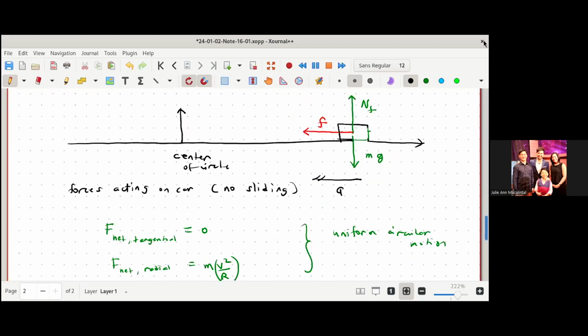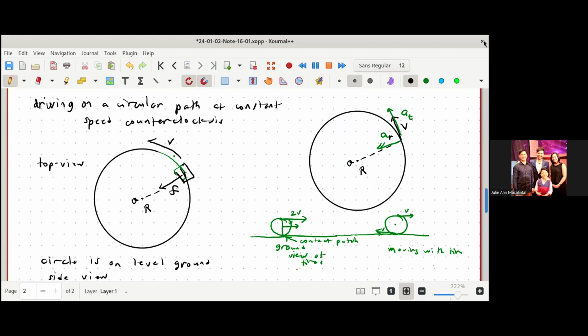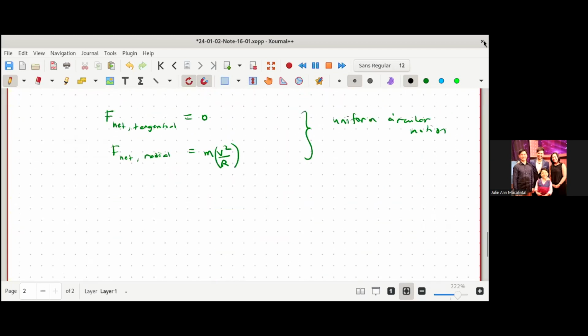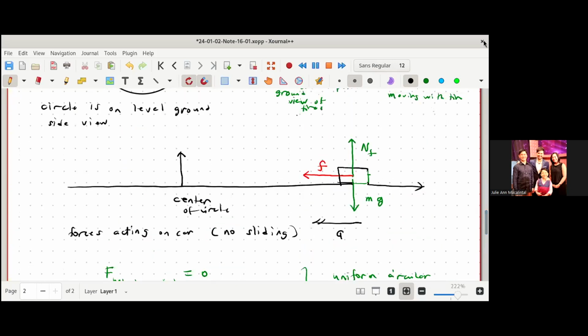Ngayon, if you're moving on a circular track, the net force here is just friction. So tingnan natin yung vertical at saka yung free body diagram. Yung radial, mass times radial acceleration is friction.